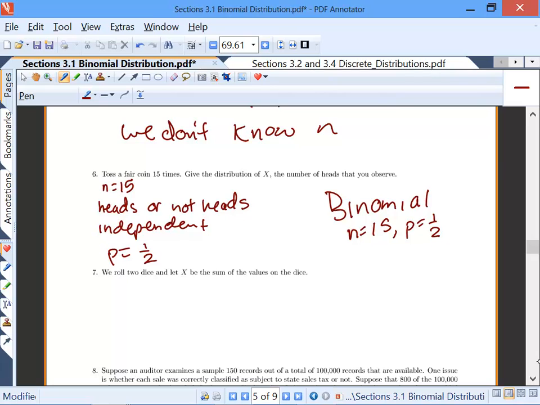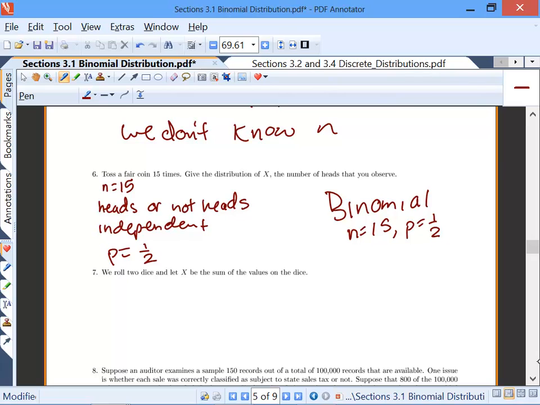They didn't tell us. Even if I did assume that I'm just rolling it once, though, what else falls apart? You're doing a sum, so it's not a yes or no answer. There's no 2 options. So what are my possible values for sum on the dice? It can be anywhere from 2 to 12, so I don't have just 2 options.